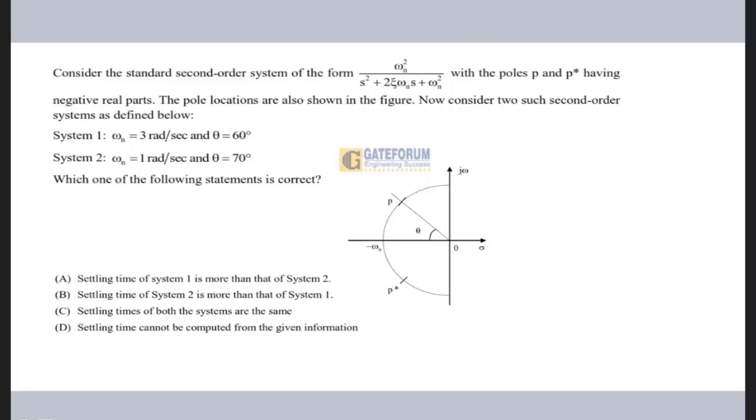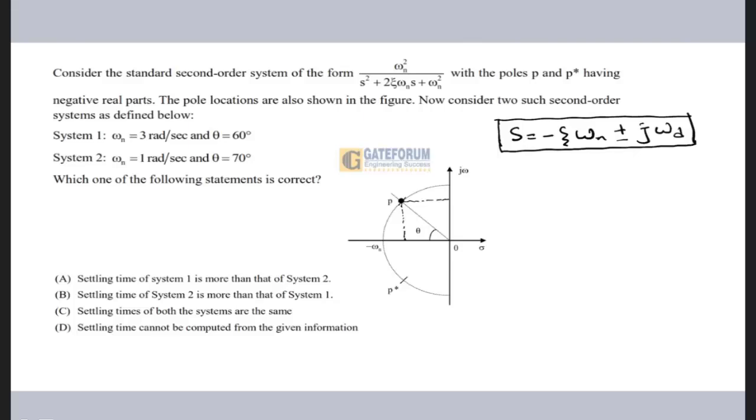So here I know that if it is an underdamped system, the location of the poles will be complex conjugate, right? So I know that it is given as s equal to minus zeta omega n plus minus j omega d. This is how you give the roots of the underdamped second order system.